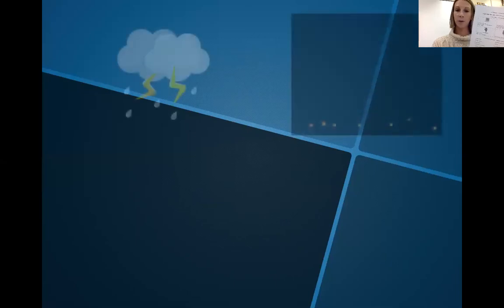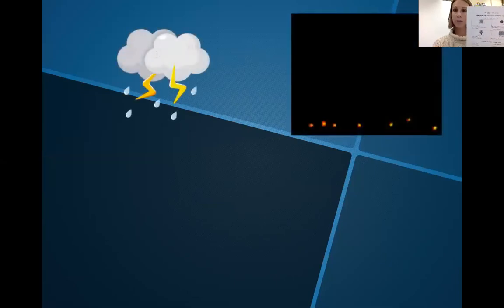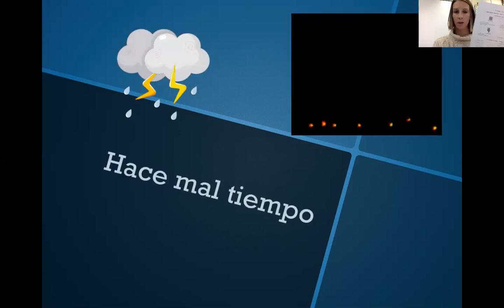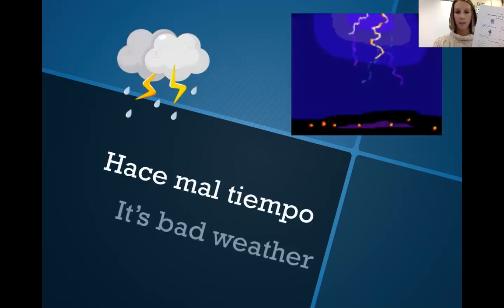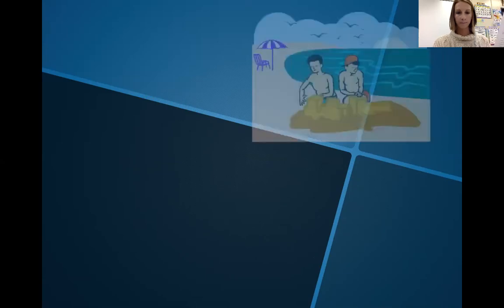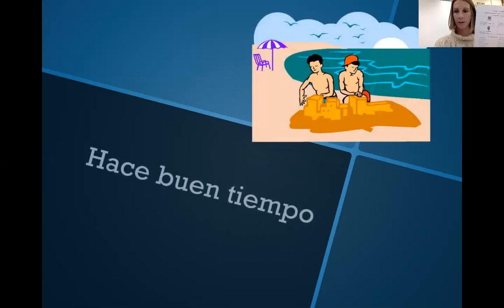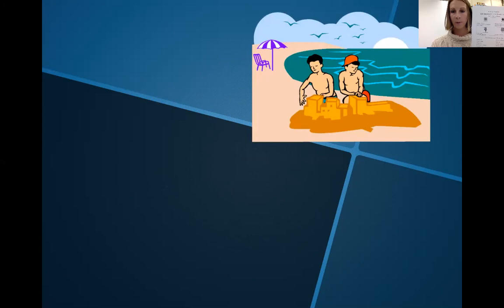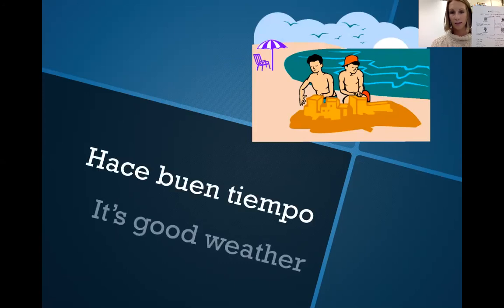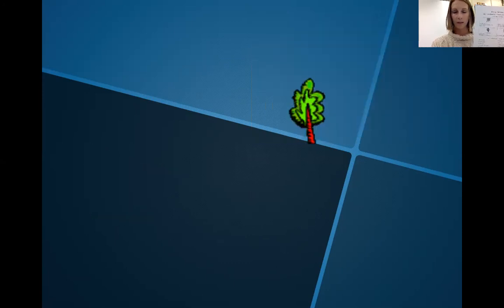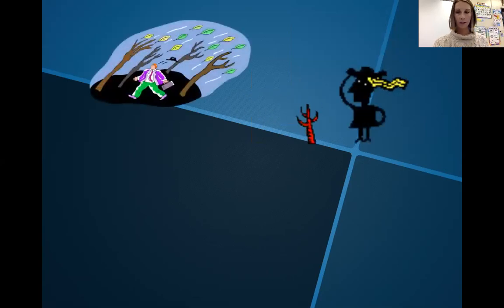So through here, there are some other examples where we can practice the words that we've been learning just now on our paper. So I'm going to skip this one and this one. So we had hace mal tiempo before, and now hace buen tiempo. But let's look at this one. What's happening here? Look at your paper to see what's happening.